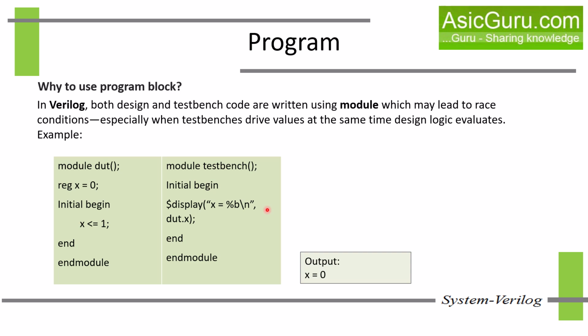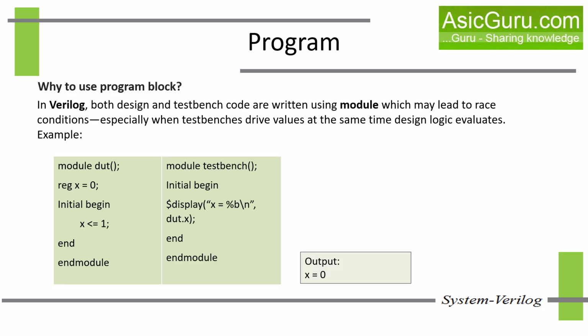But because both initial blocks execute in parallel and in the same region, the test bench might read the old value of x, which is 0, because this is a non-blocking assignment, and this display would occur in the active region. So this would execute before the non-blocking assignment. As a result, the output would be x equals 0, even though we have assigned the value 1 to x.